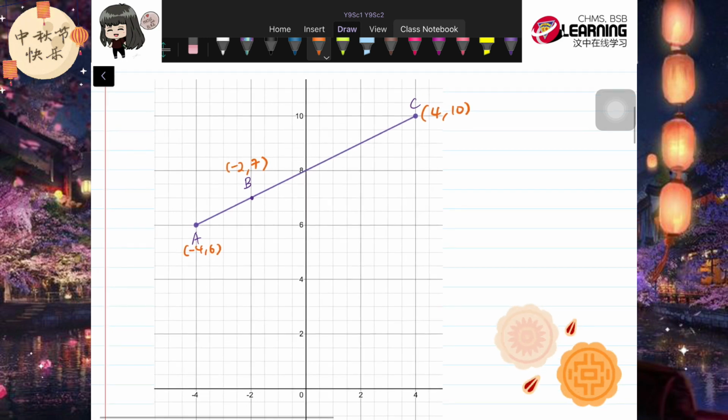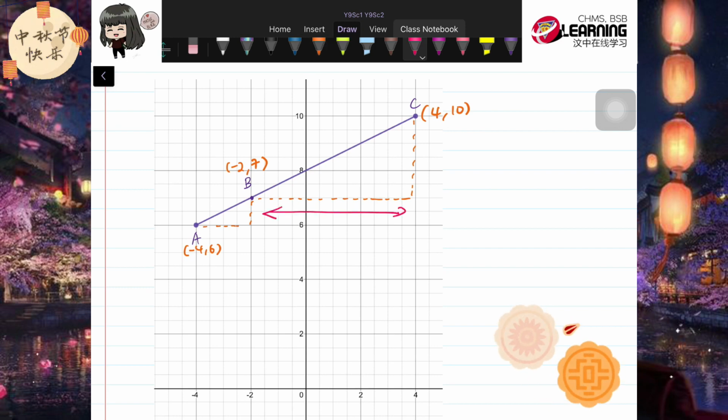So as I said just now, we have two similar triangles here. So the length of this one over this one, this length here, 4 minus negative 2, your x3 minus x2 basically, which is 6.